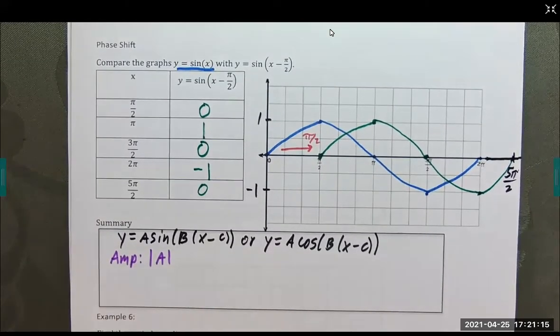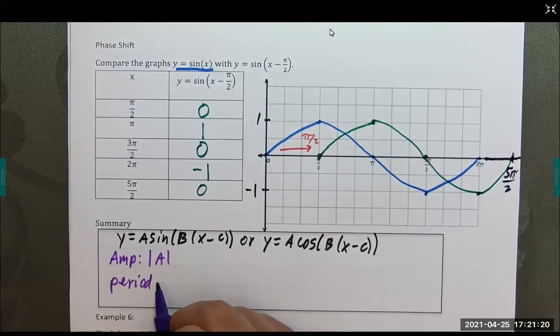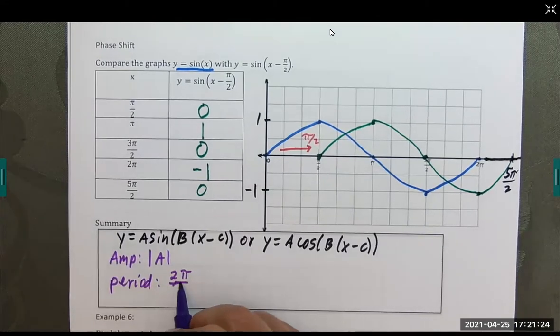We can say that the period for sine or cosine is 2 pi divided by b.